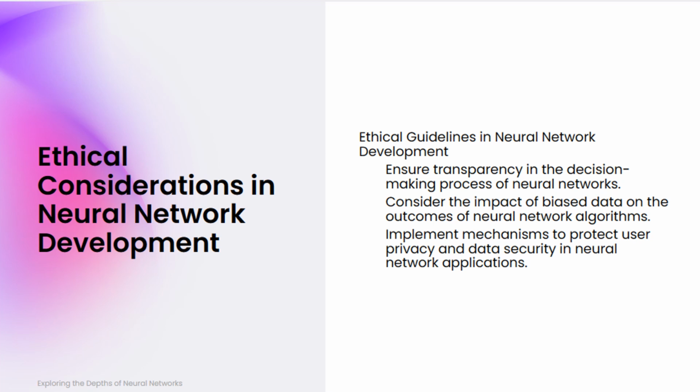So make sure that your data set doesn't have biases in it that can impact the neural network a lot. Implement mechanisms to protect user privacy and data security in neural network applications. Don't be like Google. Don't be like the big tech companies. Make sure to take your users' privacy and data security into consideration. Remember this throughout the development cycle.